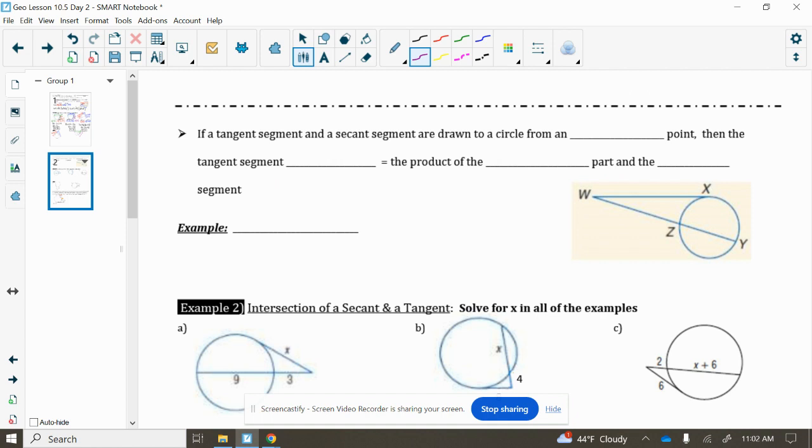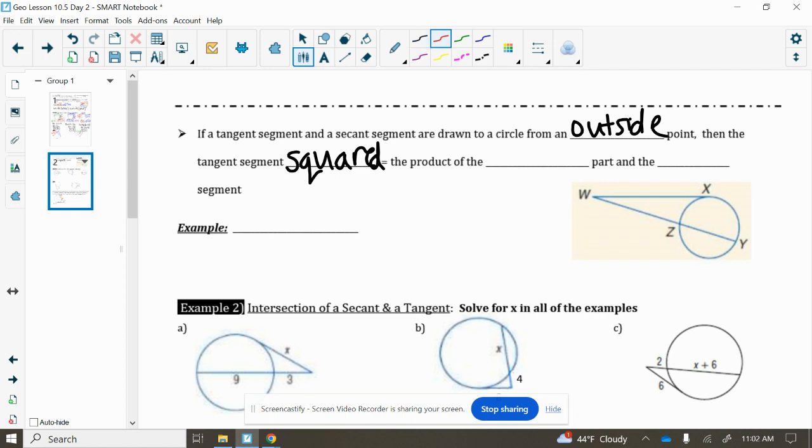On the back, we also have another setup where sometimes we are going to be given these problems, and when we have our segment drawn on the outside, it's a tangent, and then there is going to be a secant. So in this case, when we have the tangent segment, we end up having to square that tangent segment, and then it's going to equal the outside times the whole of the secant segment on the other side.